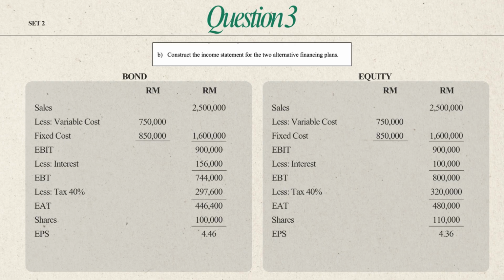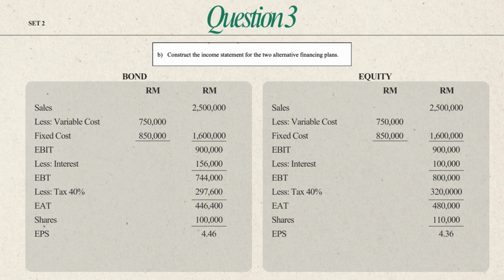For question B, we constructed the income statements after expansion and calculated the earnings per share for both financing options. So after expansion, sales increased to 2.5 million ringgit and variable cost at 30% amounts to 750,000 ringgit. So fixed cost increased to 850,000 ringgit, giving an EBIT of 900,000 ringgit.